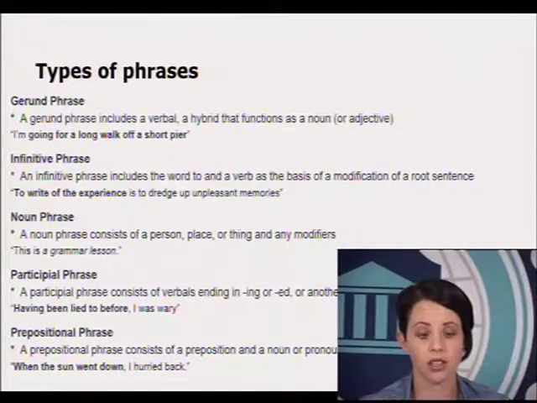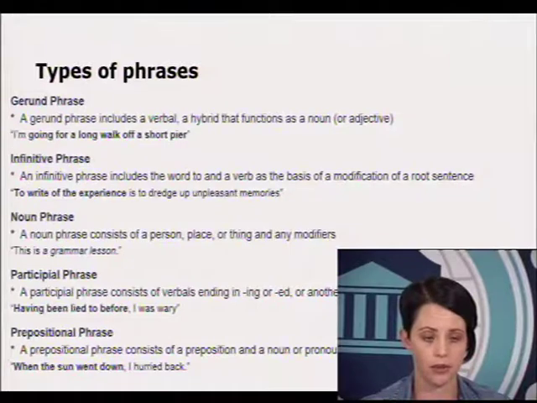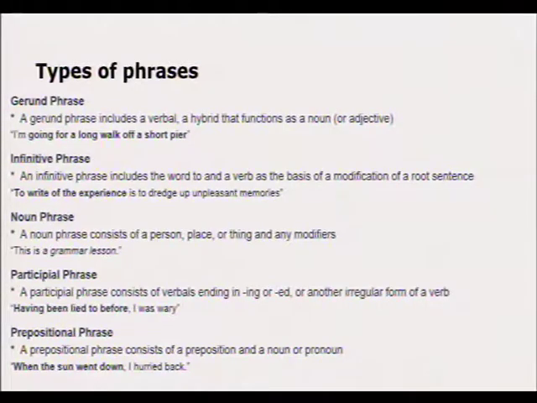To write of the experience, to dredge up unpleasant memories, would be an example. Noun phrase. A noun phrase consists of a person, place, or thing and any modifiers. This is a grammar lesson would be an example.